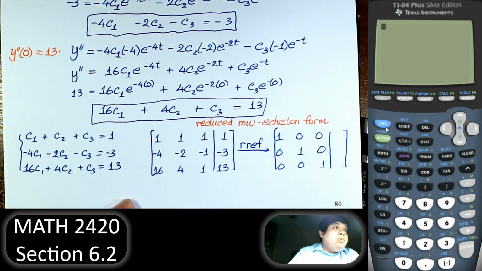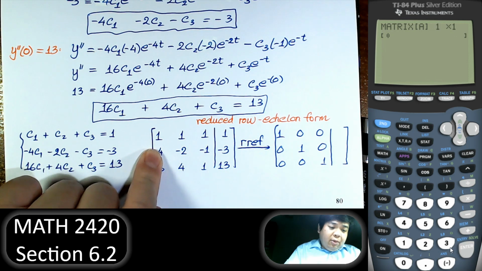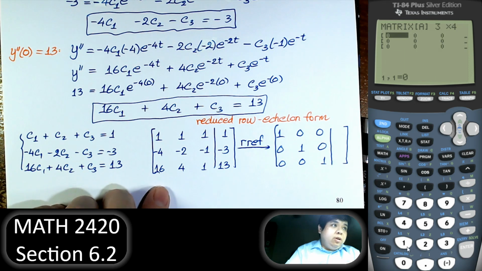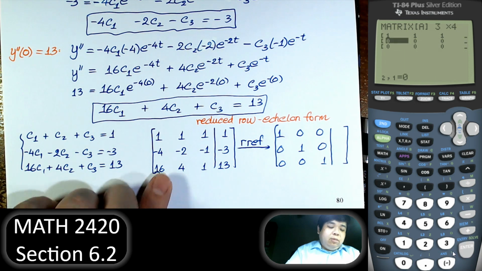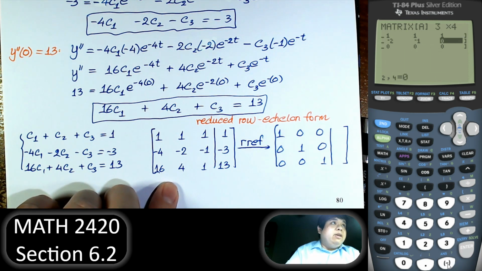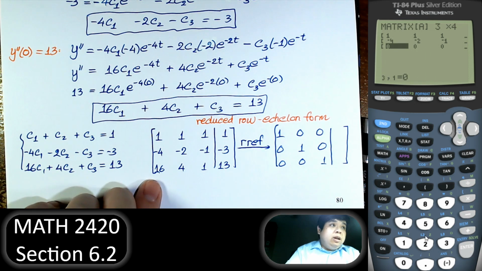When we go to chapter 9, this will be a little more complicated, but now just get used to how to use the calculator. So second matrix, and we go to edit. Under edit, let's pick matrix A, hit enter. Now we enter the matrix. This is 3 rows, 4 columns, 3 by 4. 1, 1, 1, 1. -4, -2, -1, and -3. 16, 4, 1, and 13.